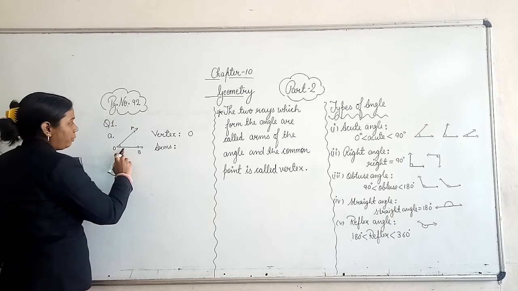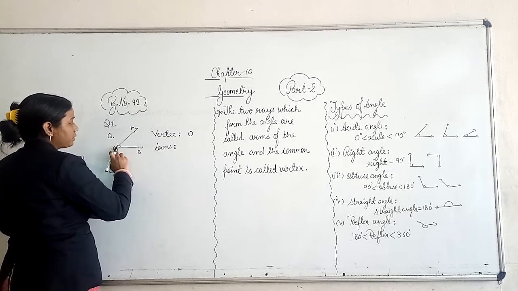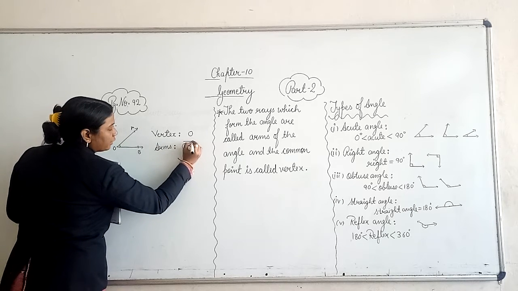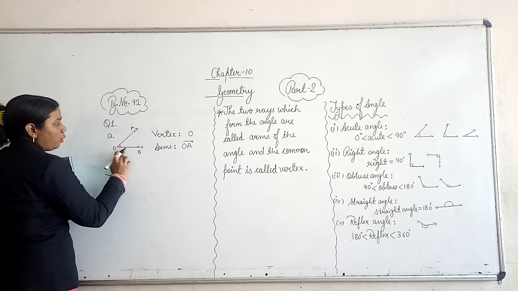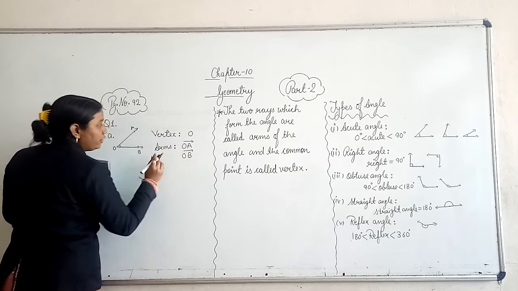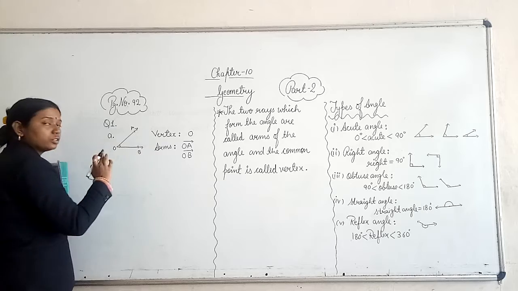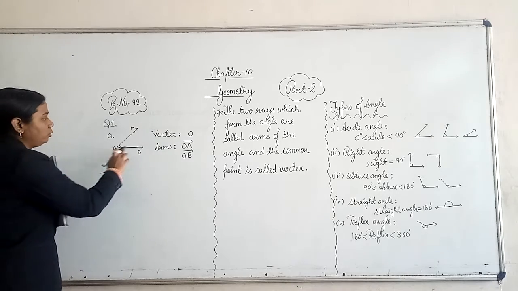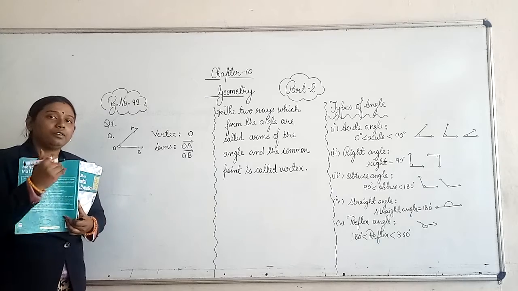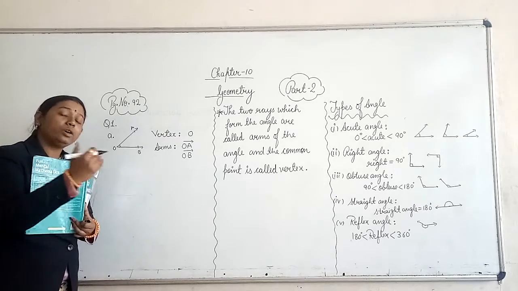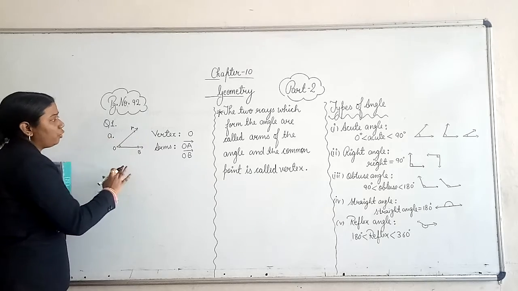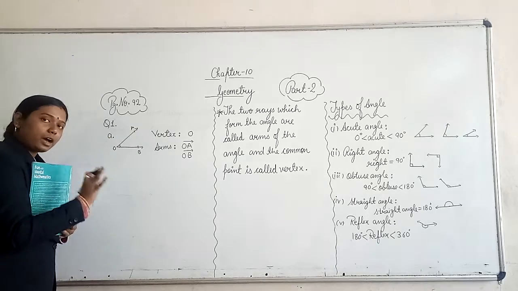So if we talk about arms, here the arm is OA, and the second arm is OB. We will always start from the vertex to the other part, to the arrow part. Clear? Vertex से जब भी आप इसका नेम लिखेंगे, vertex से लेकर जो arrow है उस तरफ आप इसकी लेबलिंग करेंगे. So this is how we are going to write the vertex and the arms.